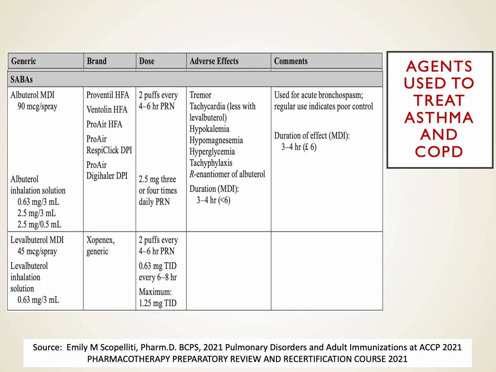We also have a combination short-acting beta agonist and short-acting muscarinic antagonist. And there is a combination metered-dose inhaler for this, a Combivent, but much more commonly, at least in acute care, we very commonly use the ipratropium albuterol nebulized solution called Duoneb. And that's almost a standard in most patients who are in the hospital for their bronchodilator of choice.